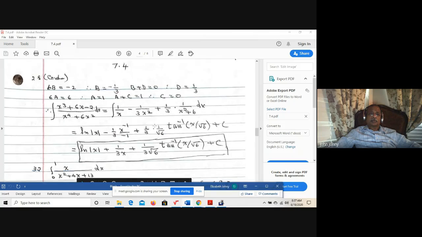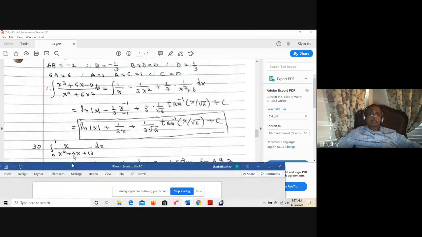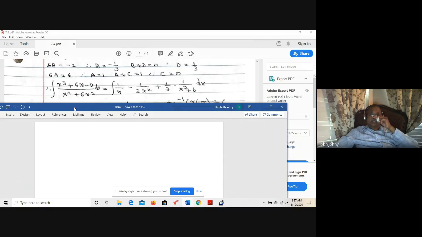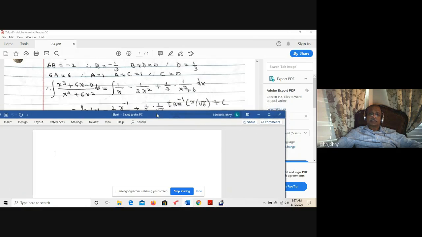And therefore, the integral of x cubed plus 6x minus 2 divided by x to the 4 plus 6x squared is a over x, means 1 over x, minus 1/3 times 1 over x squared, plus 1/3 times c is 0, so 1/3 times 1 over x squared plus 6.